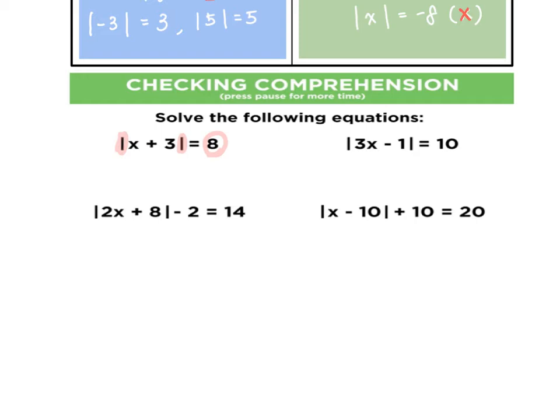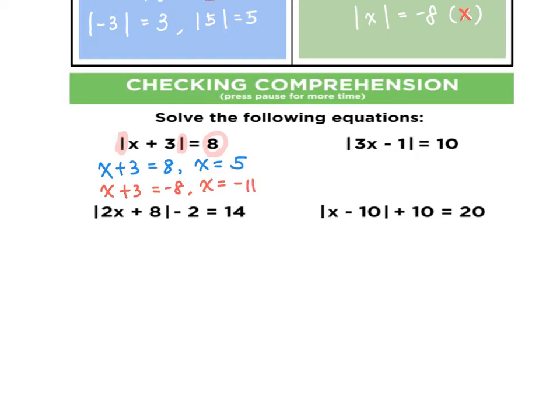First case, x plus 3 equals +8. The other case, x plus 3 can be -8. And solve each case for x. So in this case, x equals 5, and the other one is x equals -11.